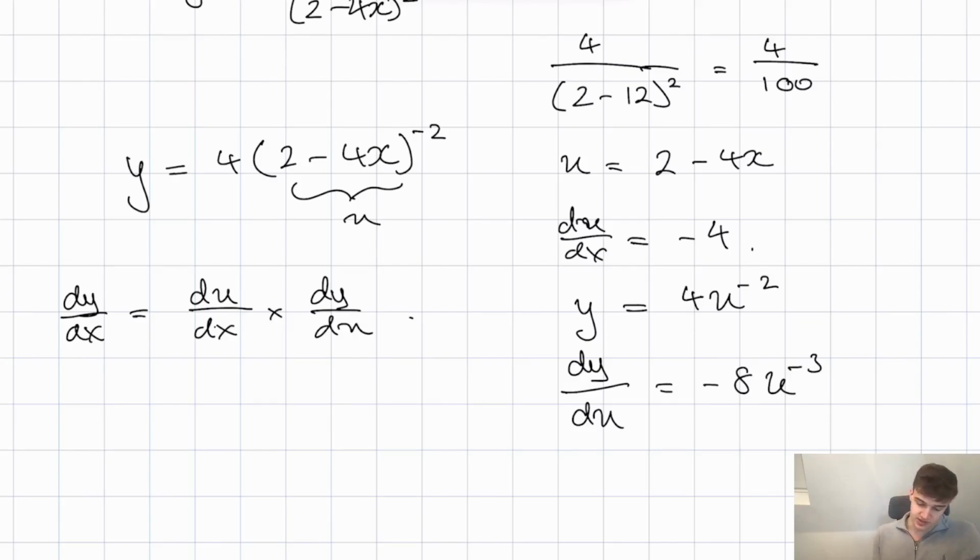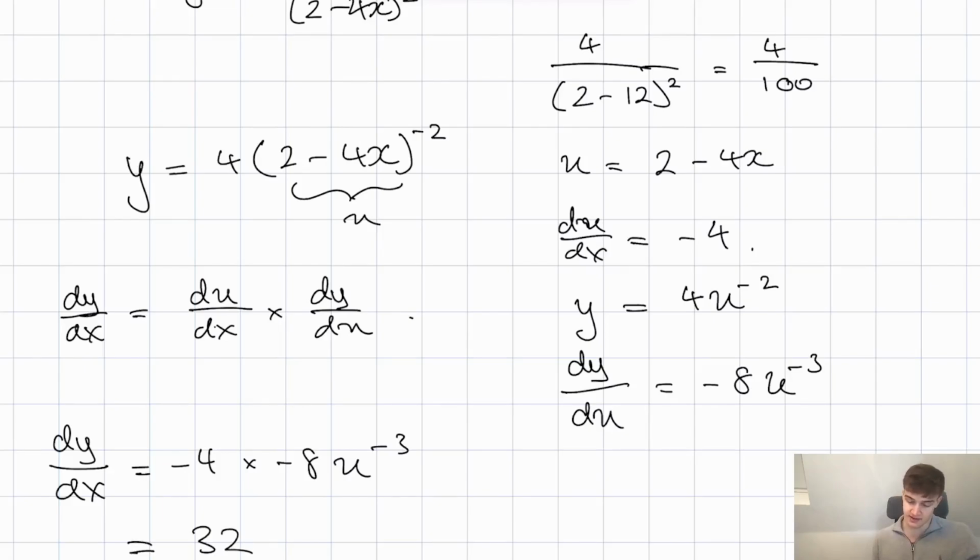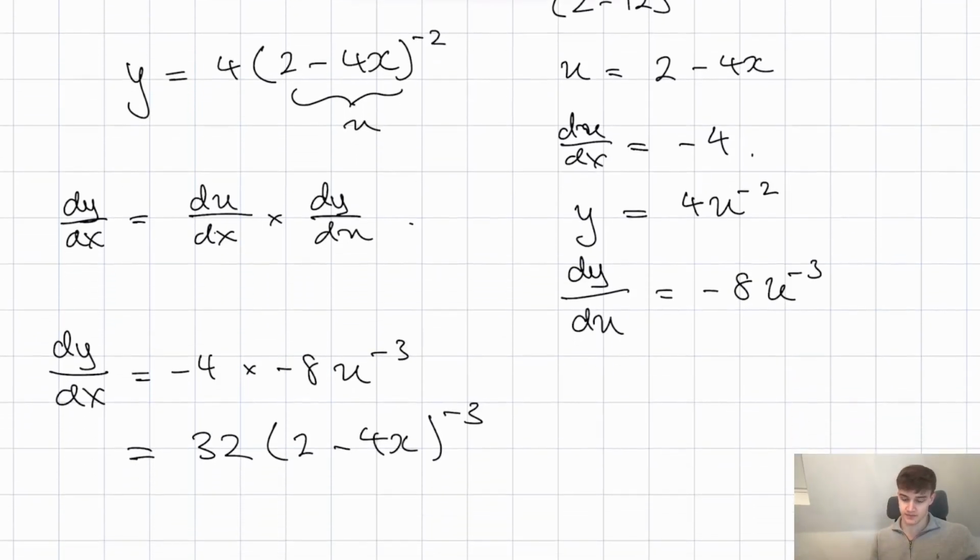So let's put that all together. We're going to get dy by dx is equal to du dx, which is just minus 4, times dy by du, minus 8u to the minus 3. So that's going to give me 32, and let me plug it in back for u now. 2 minus 4x to the minus 3. Okay, so I can write it maybe slightly cleaner like this.